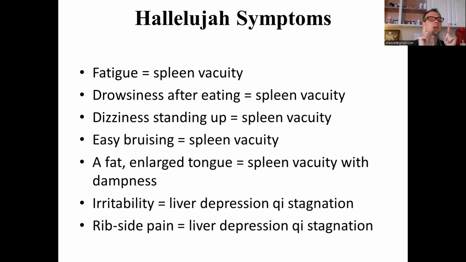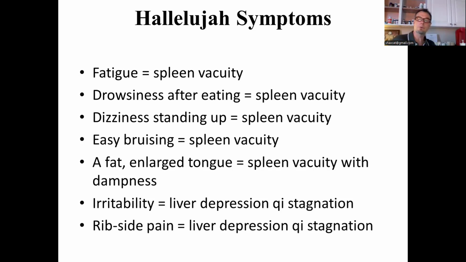Remember that tongue we looked at the very beginning, that big round tongue? Fat, enlarged tongue, spleen deficiency with a little bit of dampness going on. Irritability, frustration, that's liver chi stagnation. Rib side pain, liver chi stagnation, hypochondrial pain. Remember when we were talking about underneath the rib cage here?